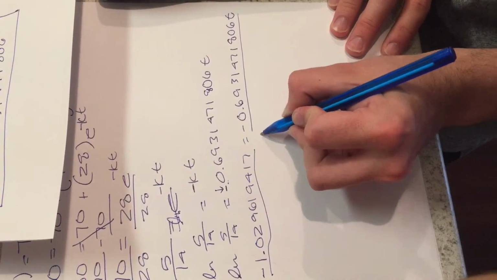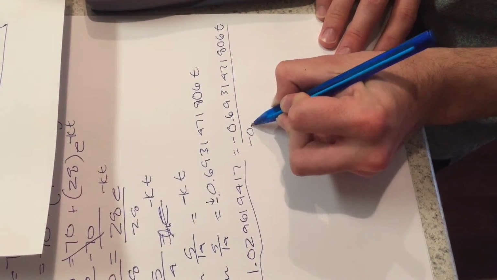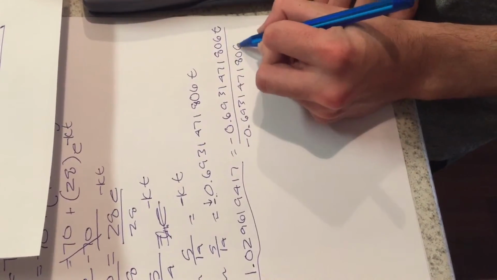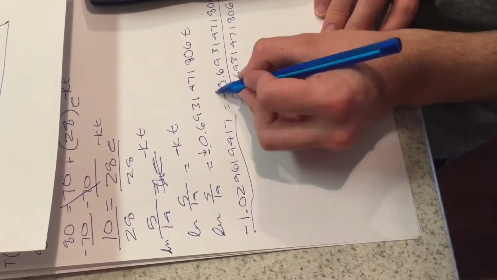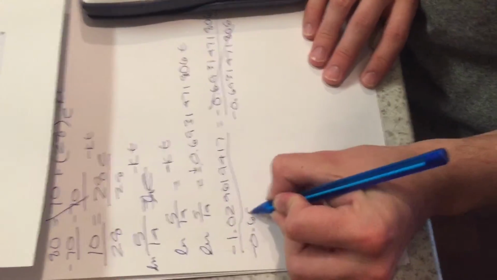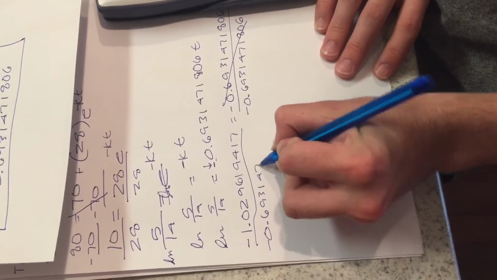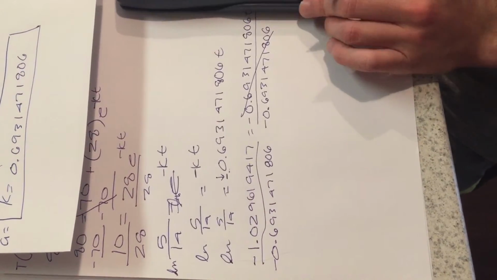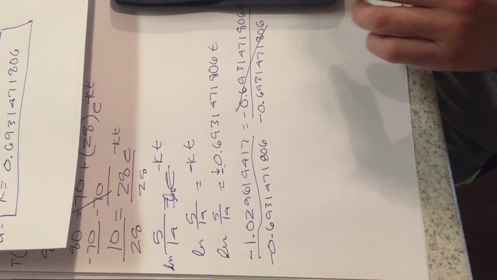So here we go. Negative 1.029619417 divided, that cancels that out. Write it again. 0.6931471806. Here we go.